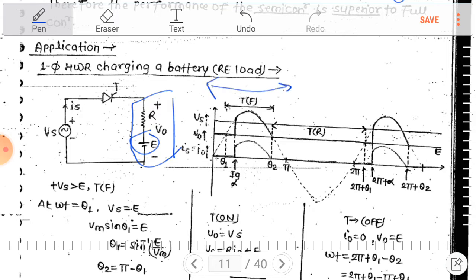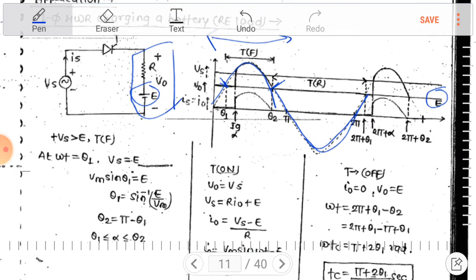But here we have a battery with voltage E connected, so when our supply voltage is greater than E, in this time period only thyristor will be forward biased, and when supply voltage is less than E, our thyristor is reverse biased. So this whole time period, our thyristor is reverse biased.